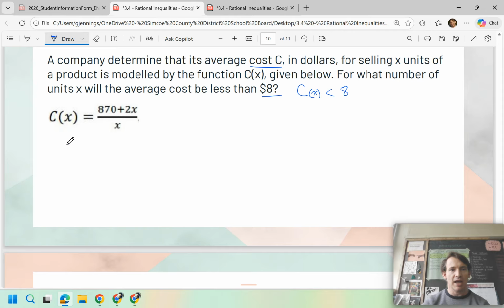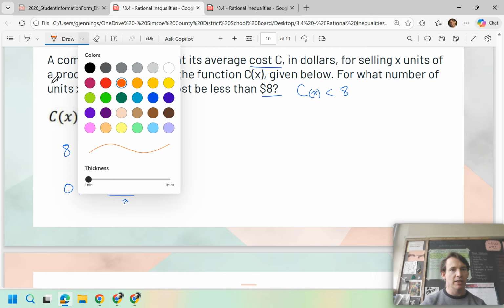So that is to say 8 is greater than this thing over here, which is C of x, 870 plus 2x all over x. So now that I've set this up, I subtract 8 from both sides. I have 0 is greater than 870 plus 2x all over x minus 8.